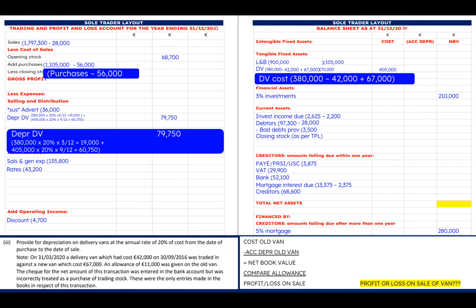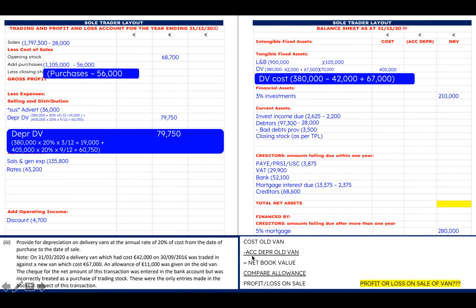So we have to work out, did the sole trader value the old van lower or higher than the trade-in allowance that the Ford dealership gave them, which in this case was 11,000? If the sole trader valued the van higher than 11,000, it's recorded as a loss in selling and distribution. If they valued it lower than 11,000, it would be a profit on sale of delivery van.